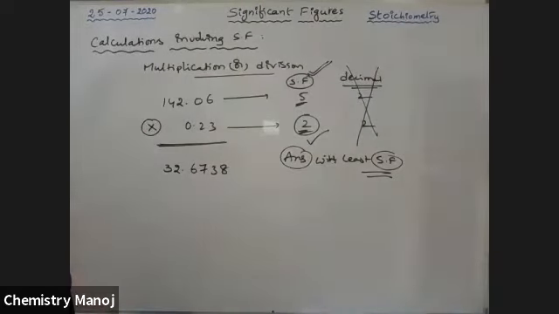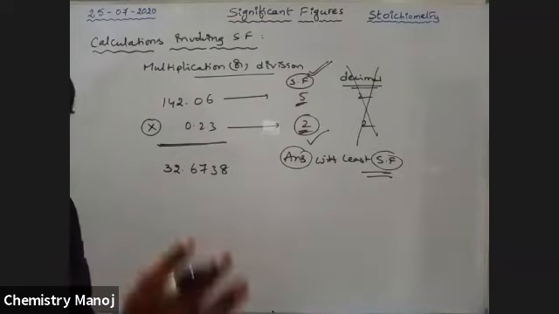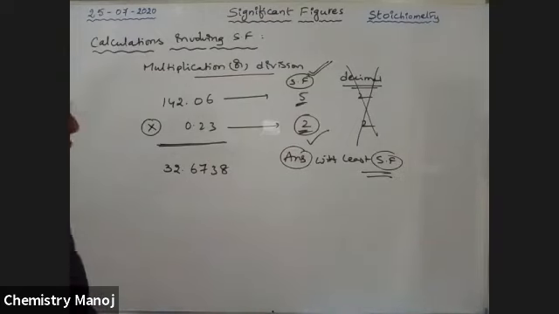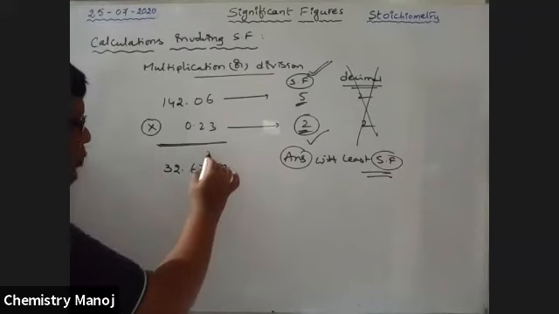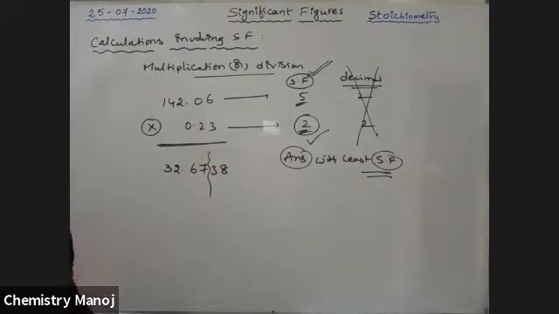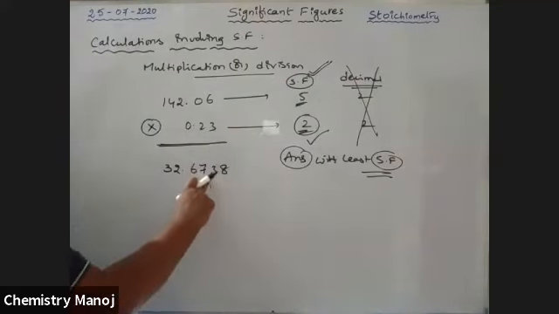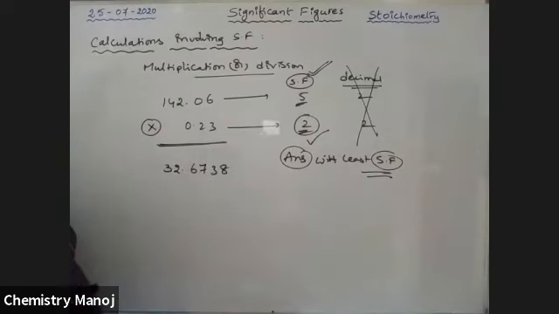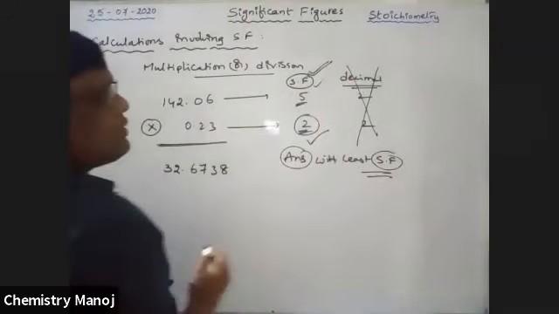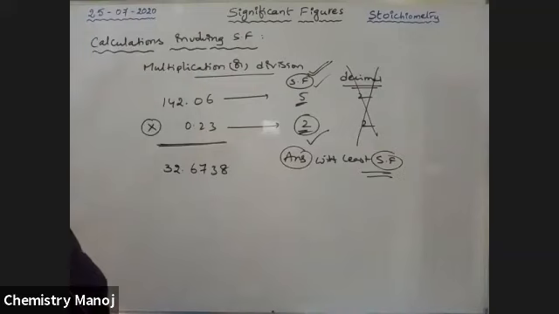See my dear boys, significant figure, not decimal places. So if it is 32.67, how much is the significant figure? 4 is the significant figure, not 2. Our answer only with 2 significant figures, not like this. So we don't use here decimal places, only we must use significant figures.